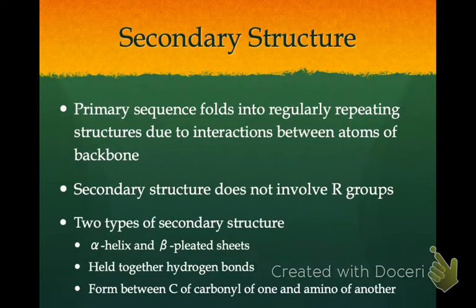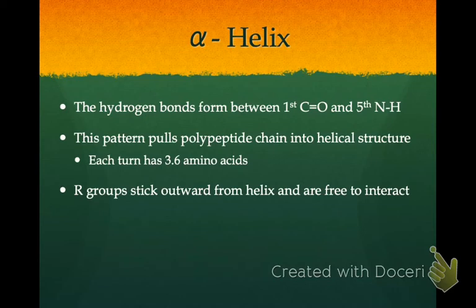The hydrogen bonding does cause two types of structures to form. The one type is called the alpha helix, and the second type is called beta pleated sheets. In the alpha helix structure, like I said before, the hydrogen bonds form between the first carbonyl group and the fifth amino group, and this pattern actually pulls the polypeptide chain into a helical structure and sort of looks like a spring, like so.